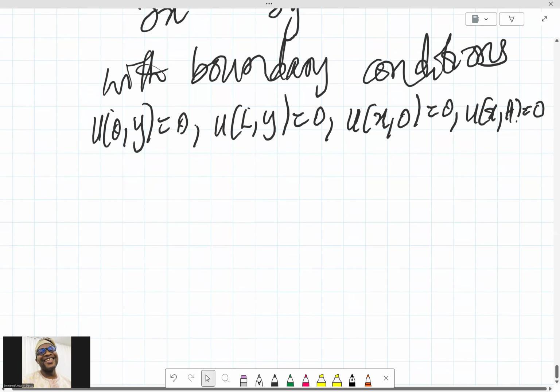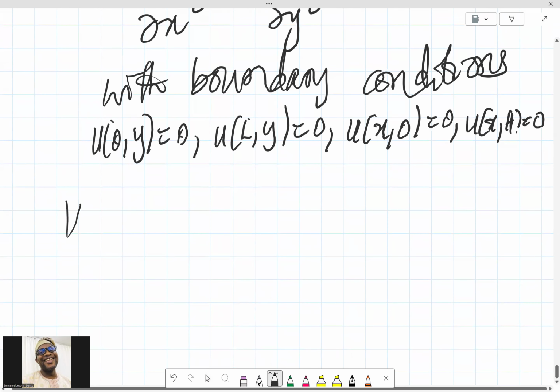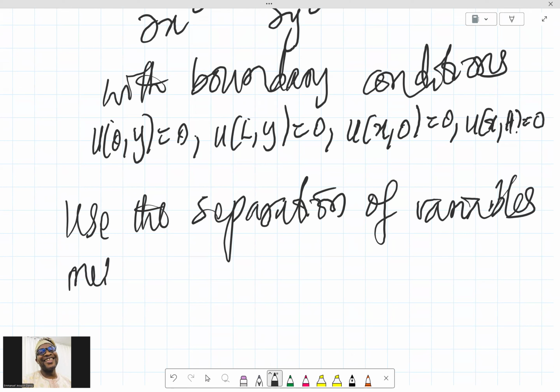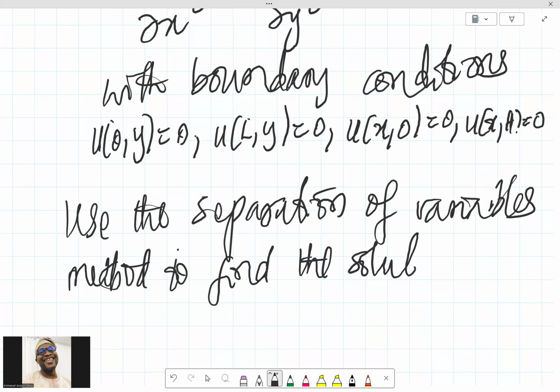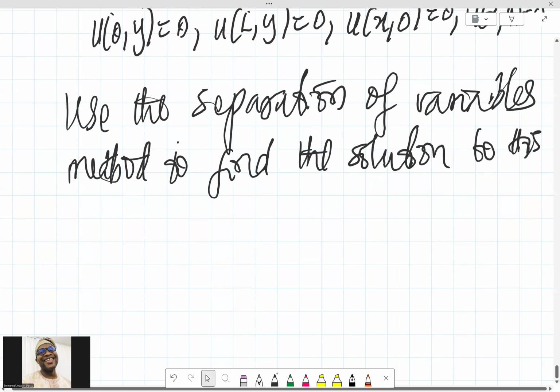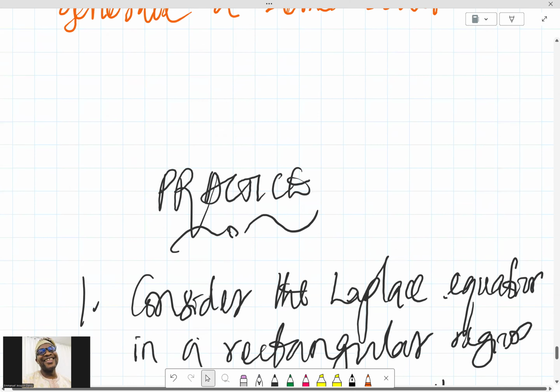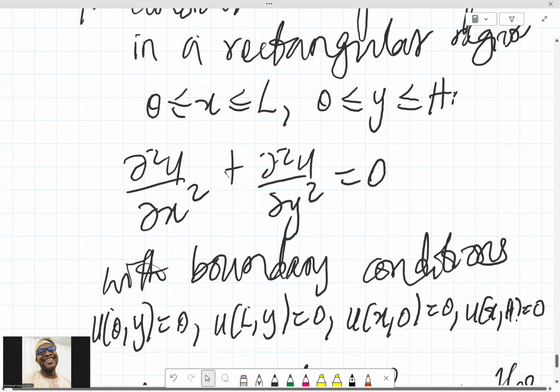Okay, so the question is to use the separation of variables method to find the solution to this problem. That's question 1. Let me look for another one.